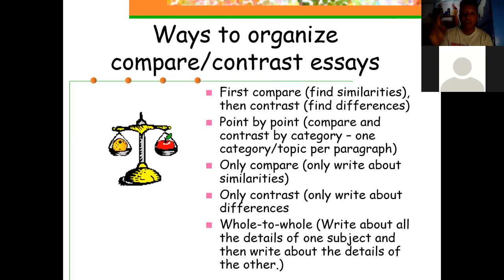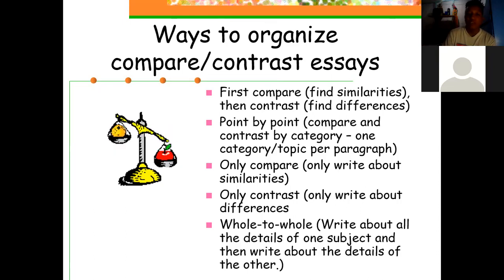In the first paragraph, this is very important. In the second paragraph, you can explain point by point, comparing and contrasting by category, one category or topic per paragraph. In the next paragraph, you can write only the compare, only write about the similarities of the two subjects.